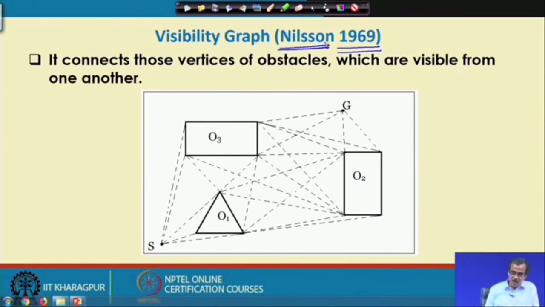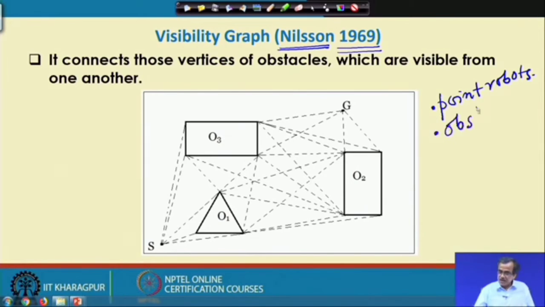For simplicity we are considering that the robots are point robots, and we are going to consider that the obstacles are stationary, that is, fixed obstacles. Now, the problem scenario is very simple, and this type of problem is known as the find path problem.